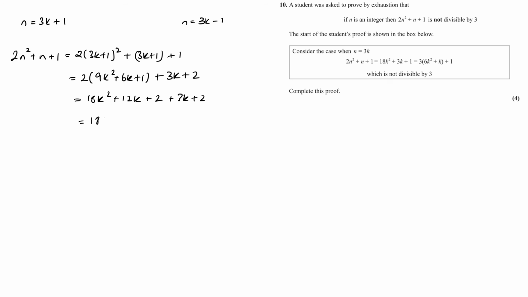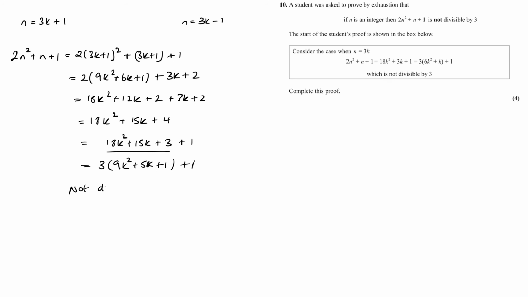So we get 18k squared plus 15k plus 4. You can see here, if I look at 18k squared plus 15k plus 3 plus 1, this is divisible by 3. So 3 lots of 6k squared plus 5k plus 1, plus 1. So not divisible by 3.